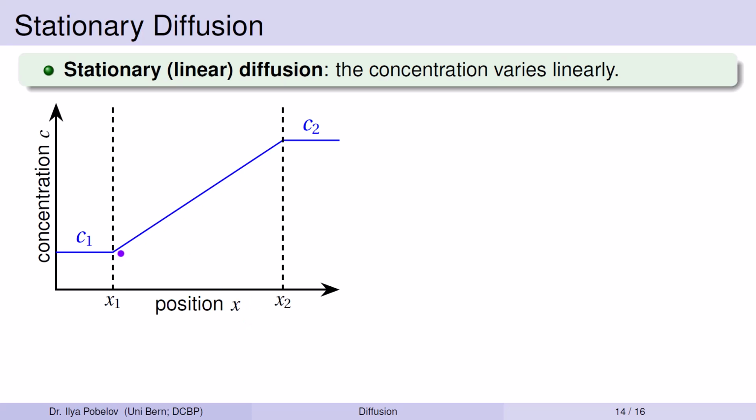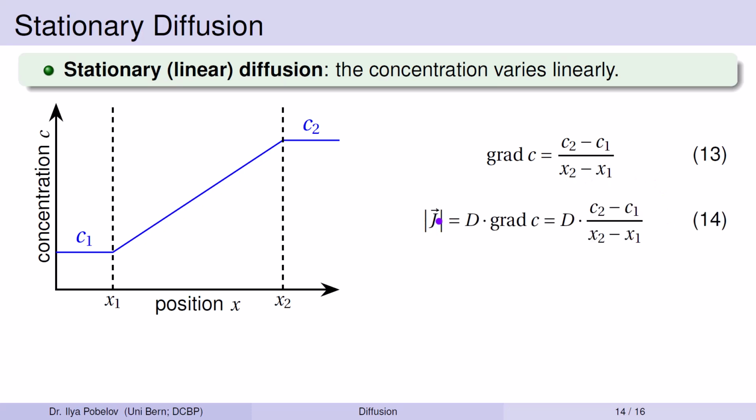Here, the concentration changes linearly from the value C1 at point x1 to C2 at x2. In this case, the magnitude of the concentration gradient is constant between x1 and x2 and equals the ratio of concentration change over the position change.